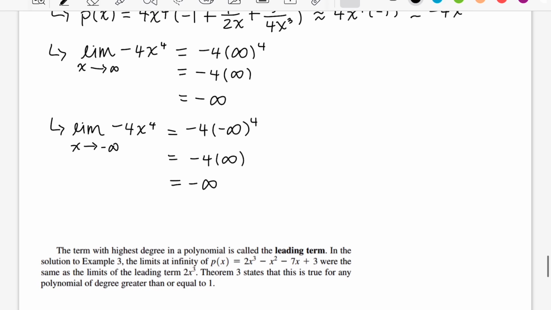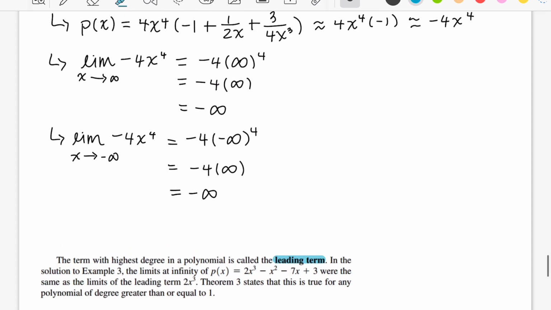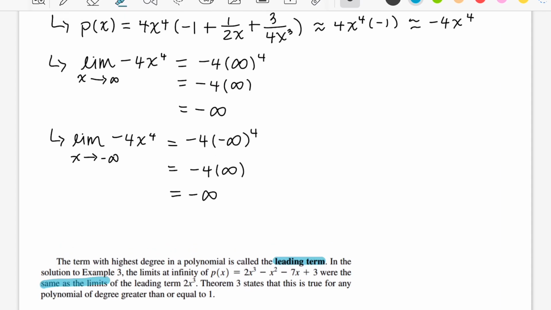Now, here is a little blurb about our leading term. In this example that we just did, we saw that the limits at infinity of our function were essentially just the same as the limits of the leading term.